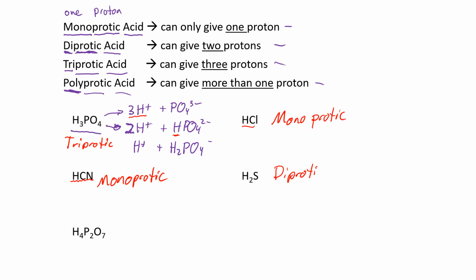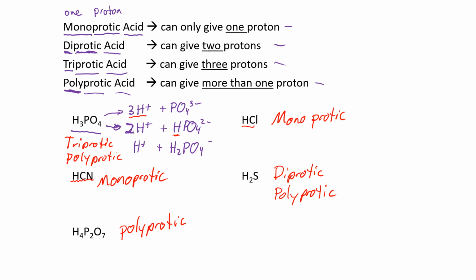Now you can technically call this diprotic, or you can call it polyprotic, because it does more than one. And same with this, you could call it polyprotic. But it's nice to be a little bit more accurate and say how many protons it can give up. And here's 4, we'd probably just call it polyprotic. It means it can donate many different protons.